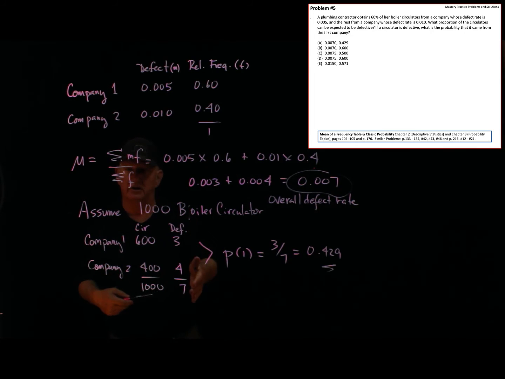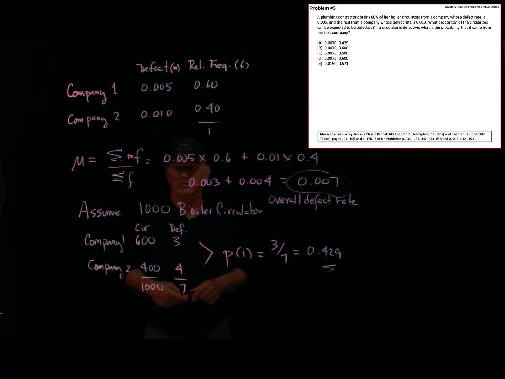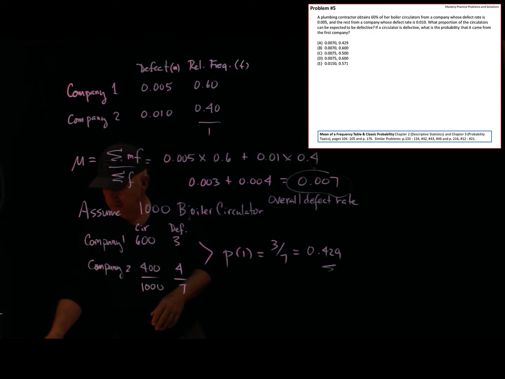And you can see this a little easier then, right? Since 3 of these circulators are from company 1 and there's a total of 7, the chances that it's from company 1 is 3/7. All right, you can find an answer up there. All right, let's move on.